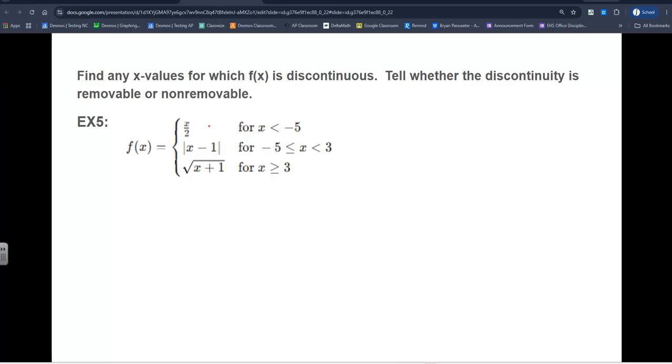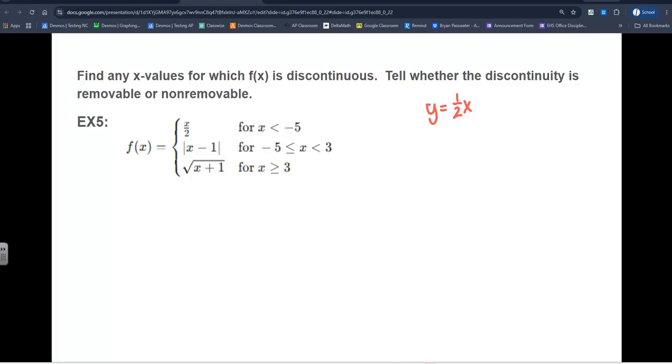If I wrote it a different way, I think you'd be able to tell me. What if I wrote it as y equals 1/2 x? Okay, that's equivalent. It's just a slanted straight line, right? Not a horizontal line, but it's a line. Is that always continuous? Yes. So no issues there.